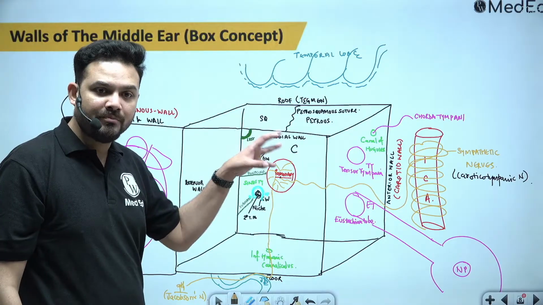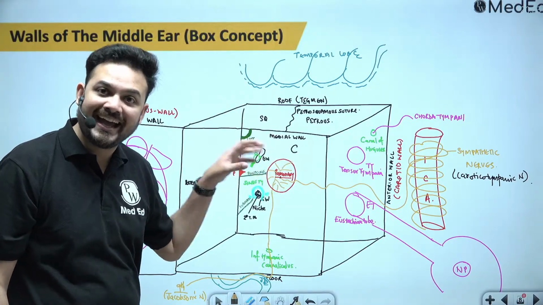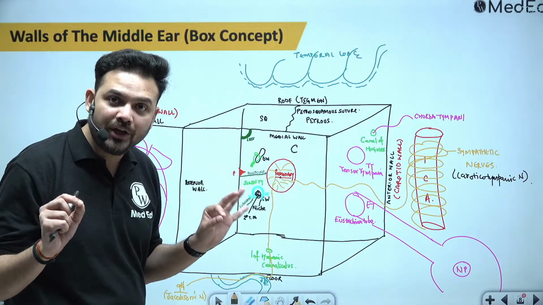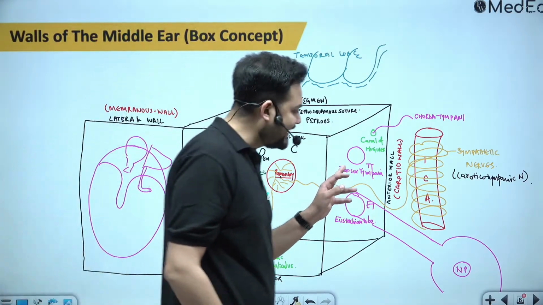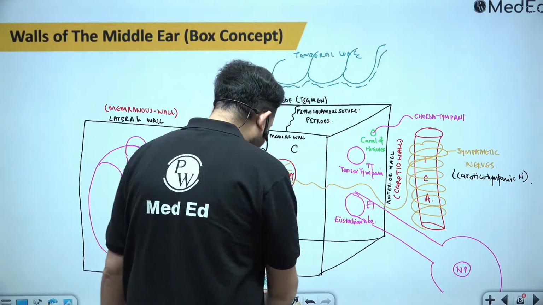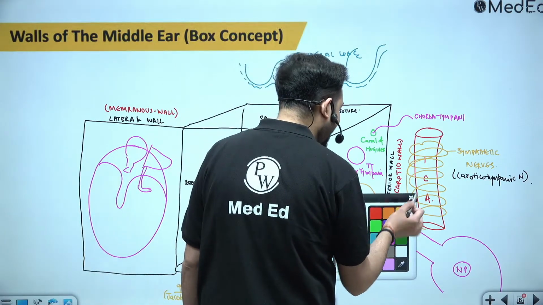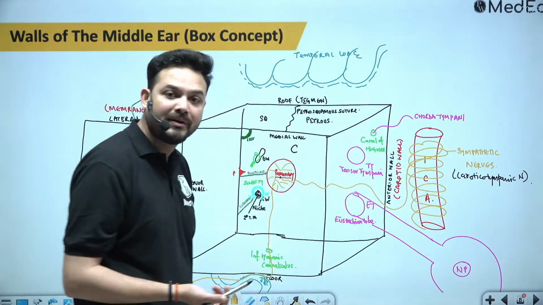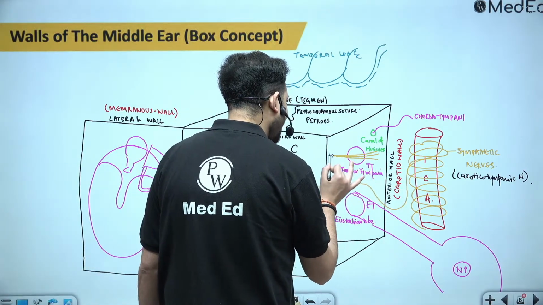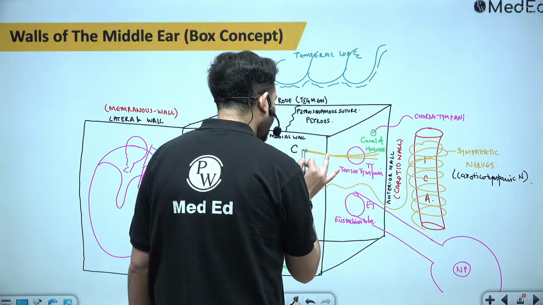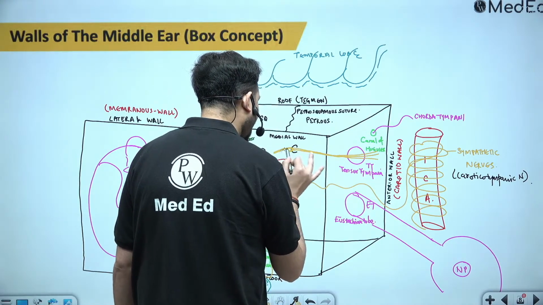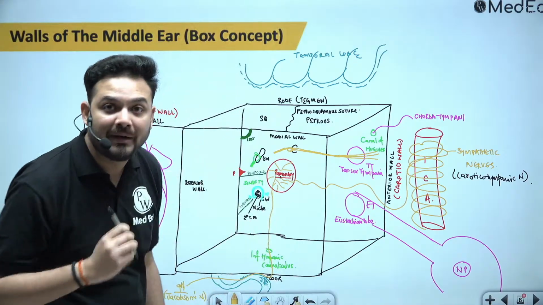Now, what exactly is the importance of processus cochleariformis? What exactly does it hold? There is a very important canal that I told you about in the anterior wall, the canal for tensor tympani, correct? From this canal, a muscle comes, that is your tensor tympani muscle. It comes inside through this canal, hooks around this processus cochleariformis, and goes and attaches to the neck of the malleus behind.